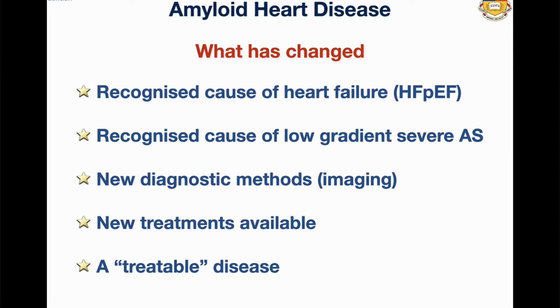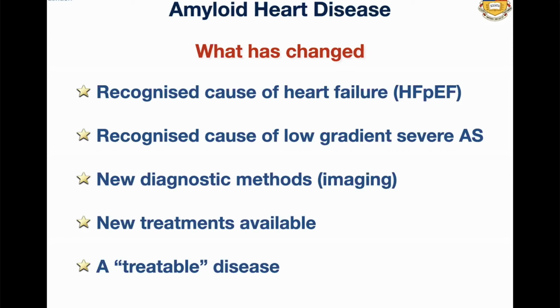We have now new diagnostic methods in imaging, both on echo, MRI, and nuclear. So we have now redefined the definition of amyloid and subgroups. We have, importantly, new treatments that may be different in different types of amyloid deposition.